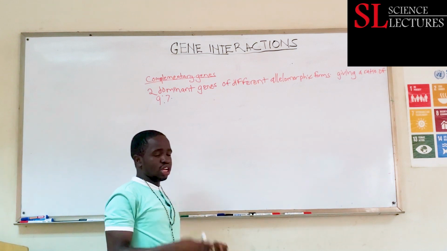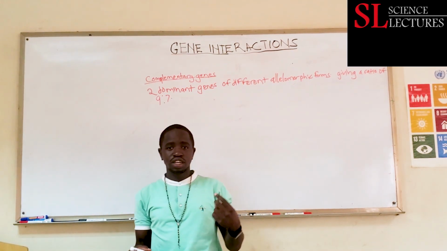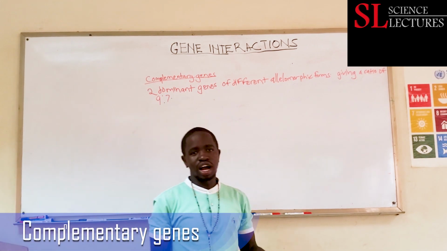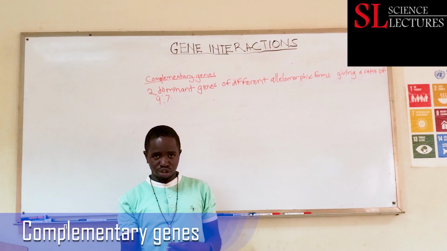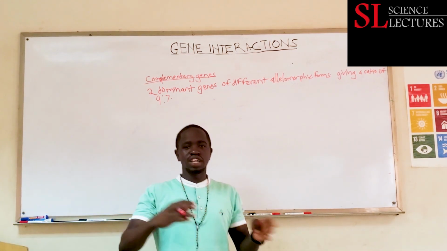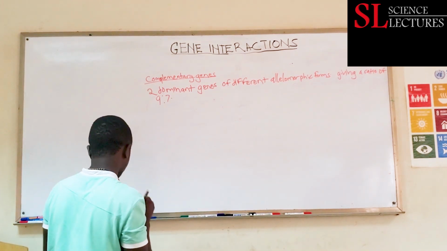So in complementation or complementary genes, we need to have two dominant alleles to obtain a specified phenotype. Having any of the alleles being not dominant or having any of the genes recessive gives us a different phenotype. What do I mean?